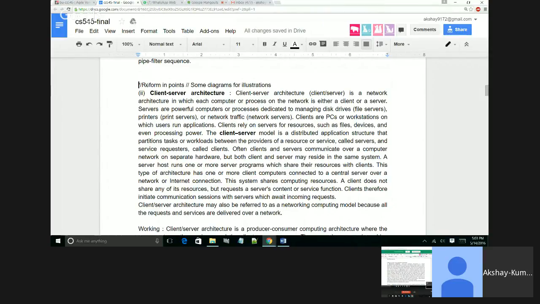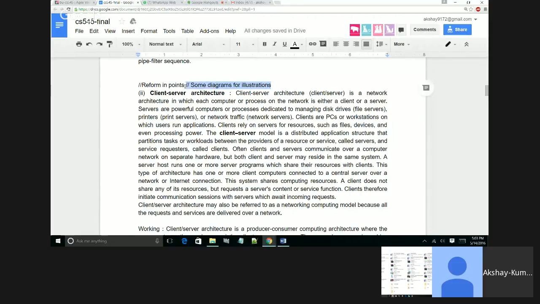And similarly for every architecture, if you could find a diagram for peer-to-peer architecture and the other architectures, that would be great. So for the illustration part, I need to do some diagrams. The only thing you need to work on for all the architectures is, firstly, reformat it by breaking down the paragraph into points.